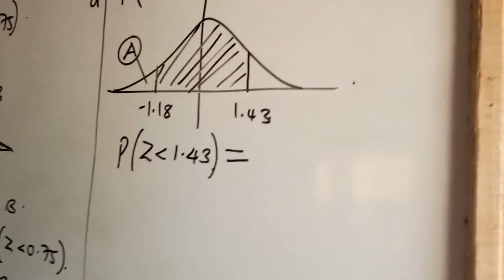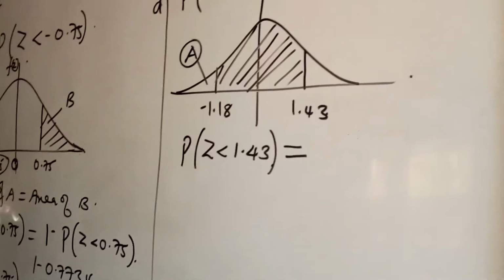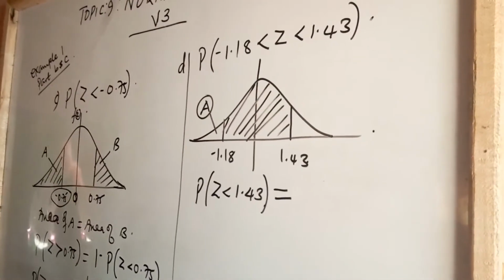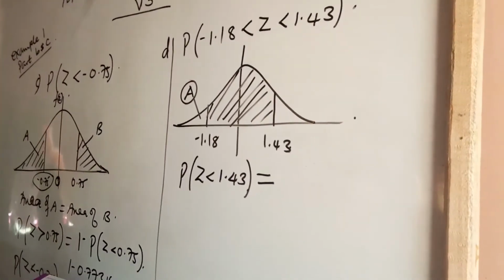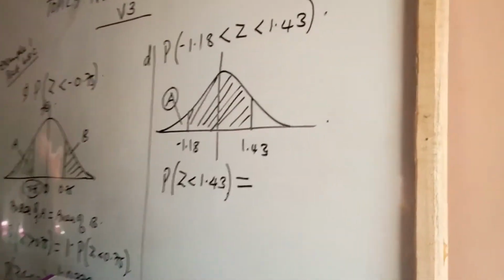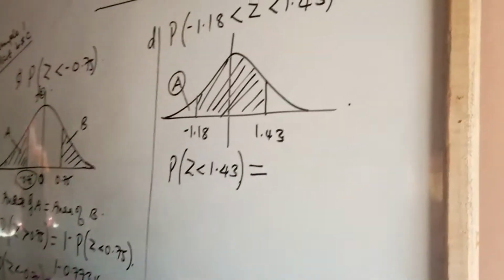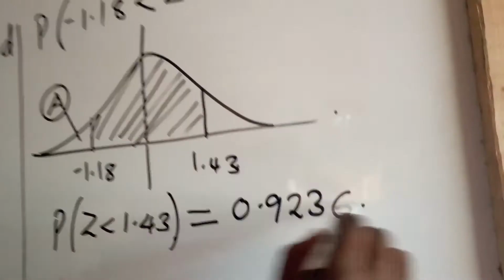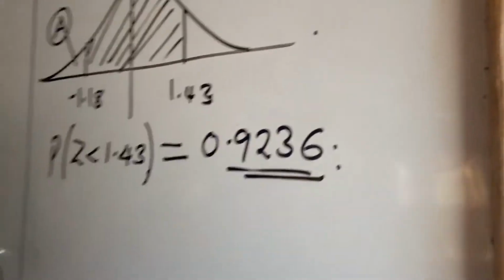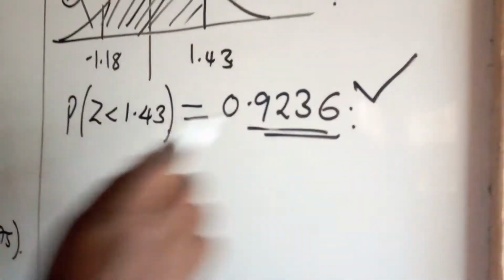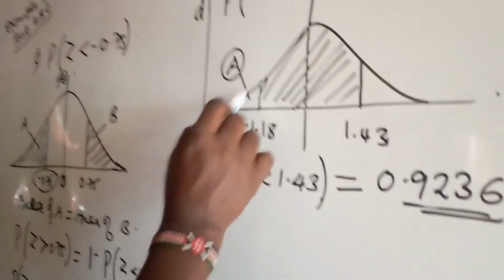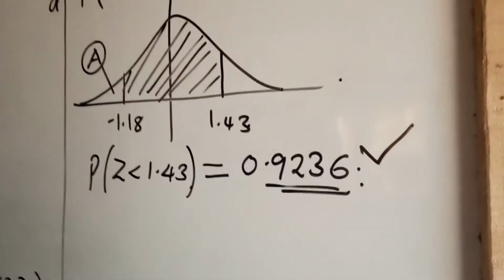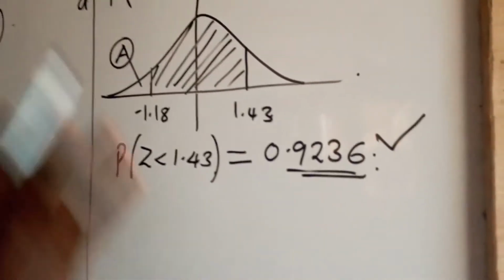What is that area? The table gives us the probability of 1.43 somewhere within the region is 0.9236. That is it. But if we give this as our answer, then we will have included this region, which is to the left of negative 1.18, and it is not required.